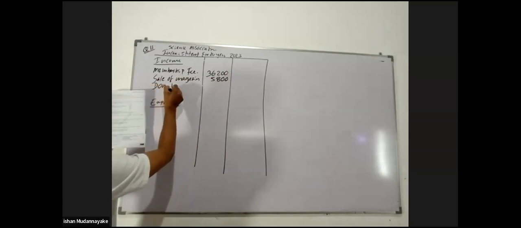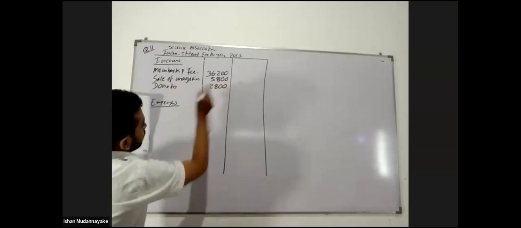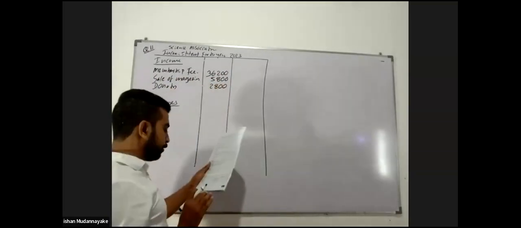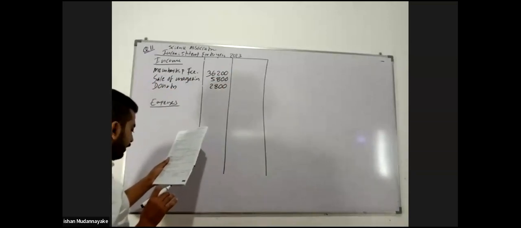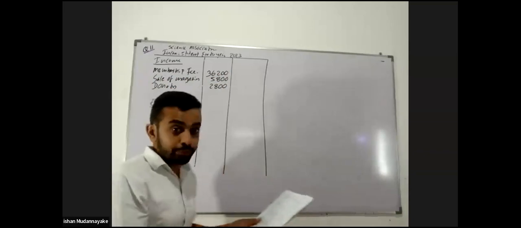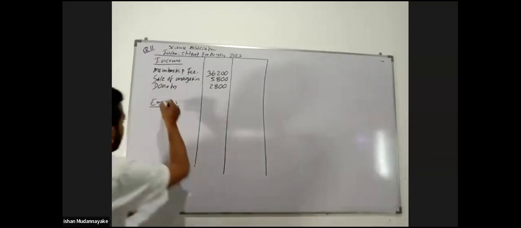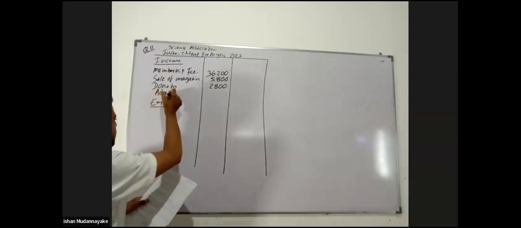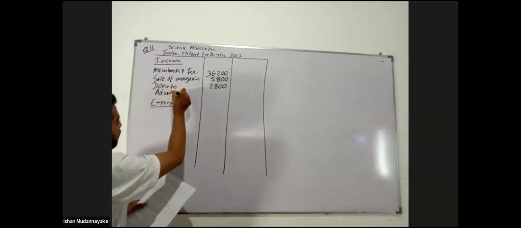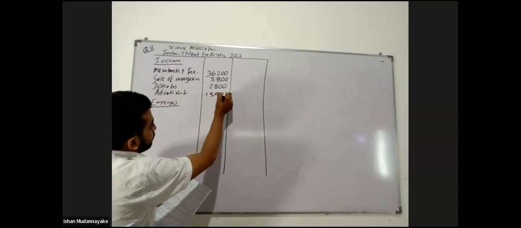Donation received by the non-profit organization, 2,800. And then advertisement. Through advertisement, this non-profit organization received 15,900. Here we can consider that as income. Advertisement, 15,900.